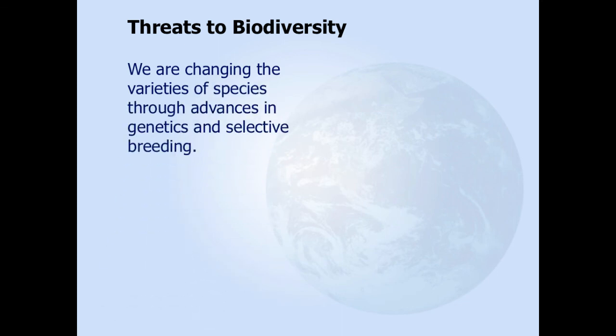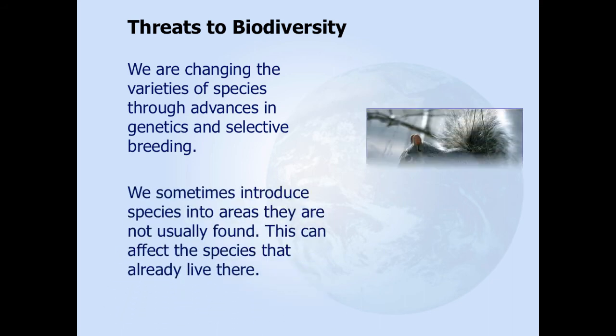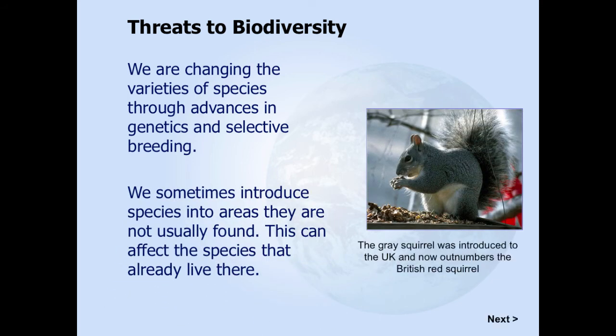We can change the variety of species through advances in genetics and selective breeding, which we've kind of been talking about, but sometimes we can introduce species into an area where they're not usually found. This can affect a species that already lives there. This is what we call an invasive species, and a big example is happening in the Atlantic Ocean with lionfish.